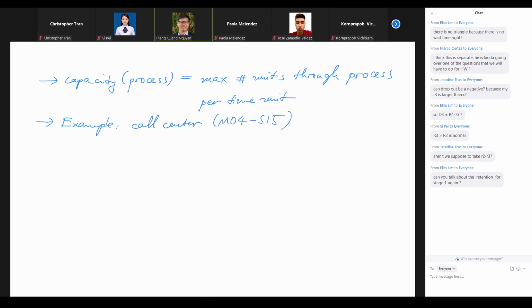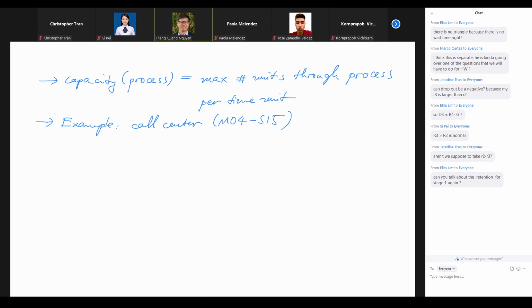So what do we have here? Let me read the information for you. A call center has 1 operator who answers incoming calls. Right? Only 1 operator answering incoming calls. It takes the operator 6 minutes to answer 1 call. Question 1, what is the capacity of 1 operator expressed in calls per hour?